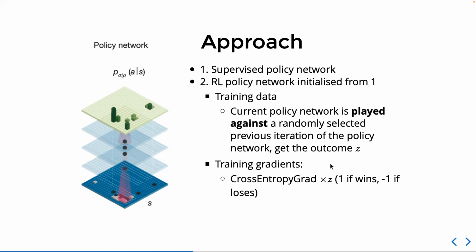Then we get the outcome Z. Z is equal to 1 if finally we win, and -1 if the opponent wins. The training gradient is the classification gradient times Z. The idea is that if this time the current policy network wins, then I know that I'm moving in the right direction. On the other hand, if the opponent wins, then I need to adjust the network in the reverse direction to recommend some other actions.